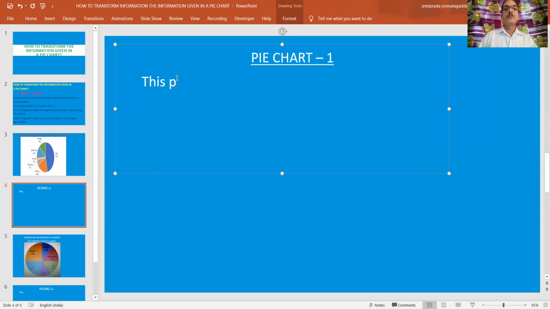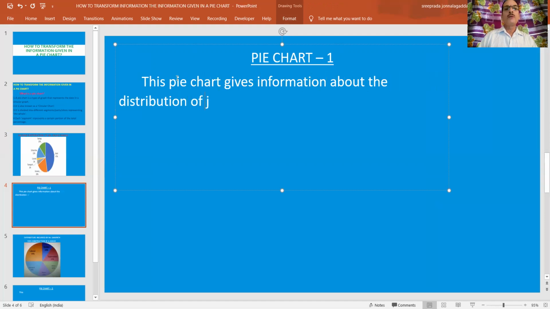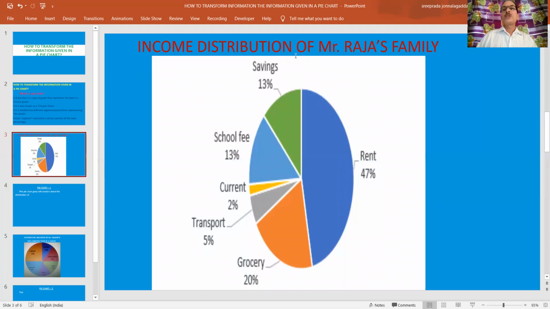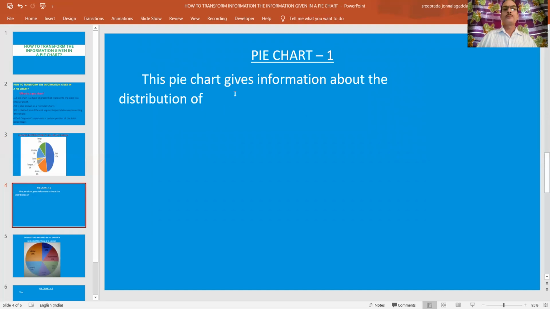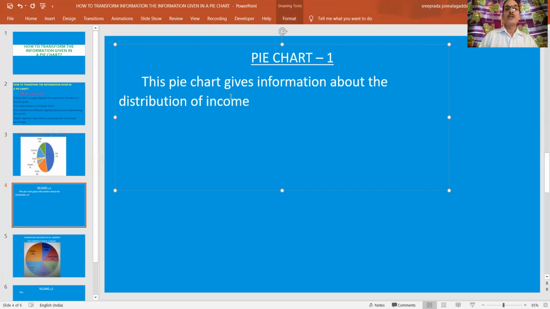This pie chart gives information about the distribution of income of Mr. Raja's family.